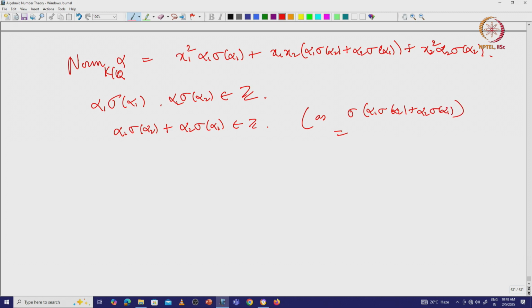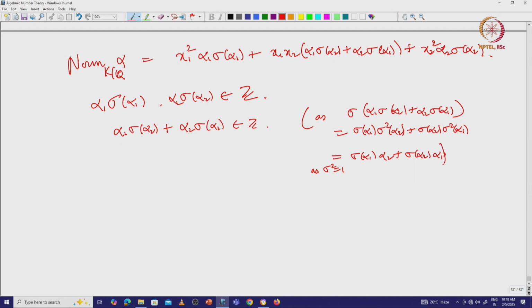What happens when you apply sigma? You get sigma alpha 1 and sigma squared alpha 2 plus sigma alpha 2 and sigma squared alpha 1, but sigma squared is the identity, right. As sigma squared is equal to 1, you get sigma alpha 1 alpha 2 plus sigma alpha 2 alpha 1, right.